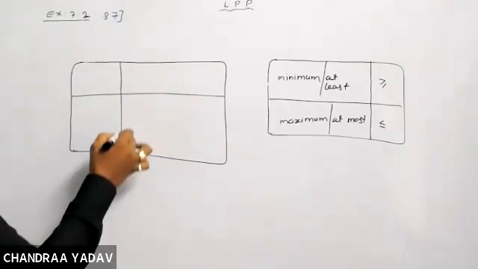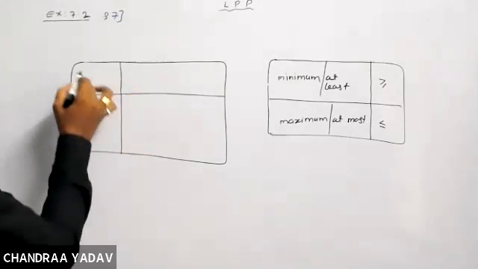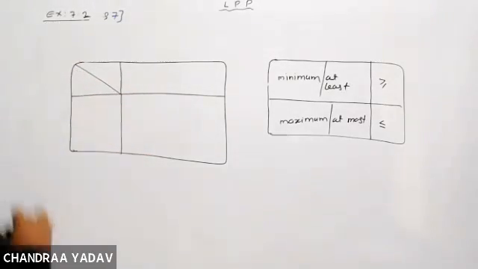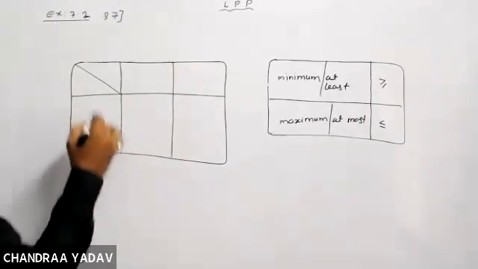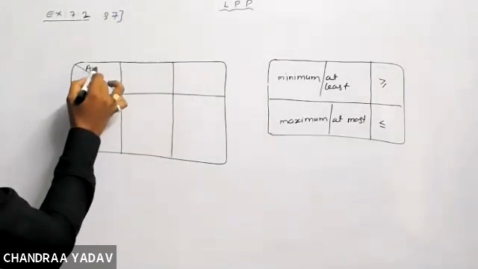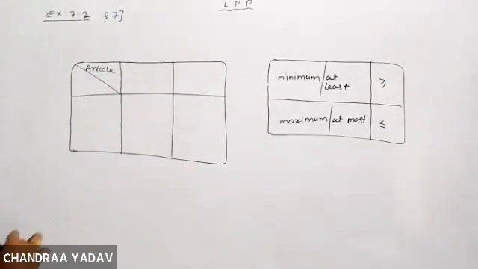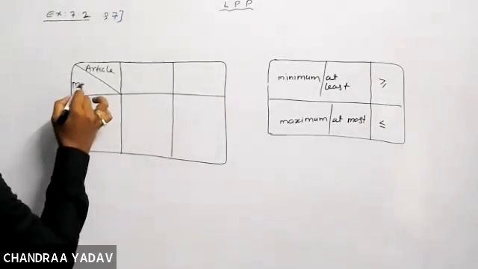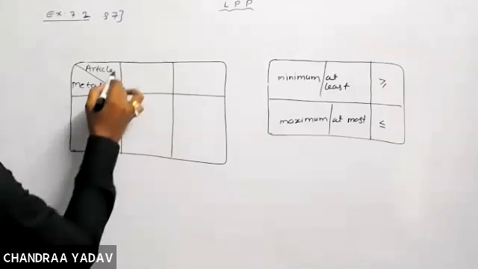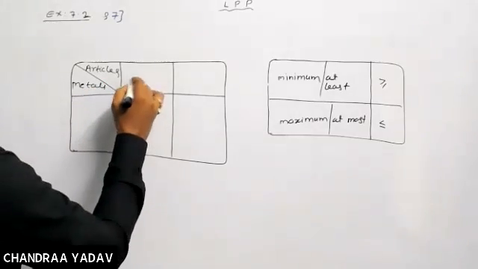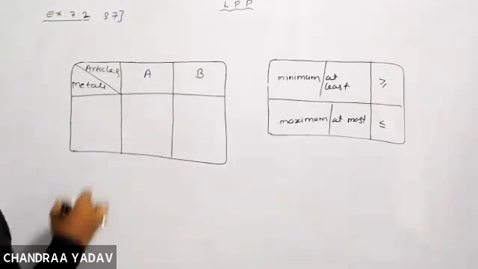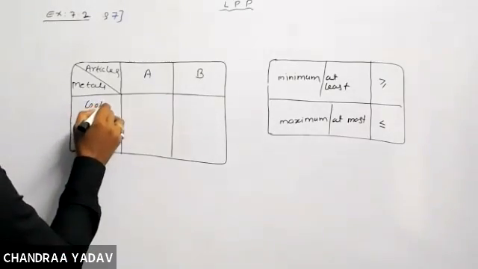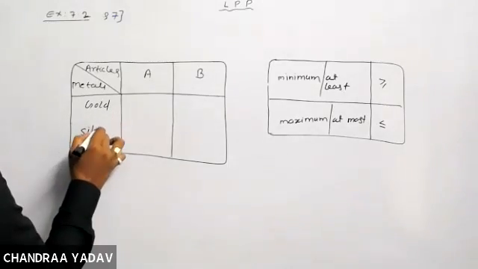See here. So we'll write here article. And it requires silver and gold, so we can write metal. Metals and here articles. What kind of articles? Two types of article, A and B. Metals, gold and silver.